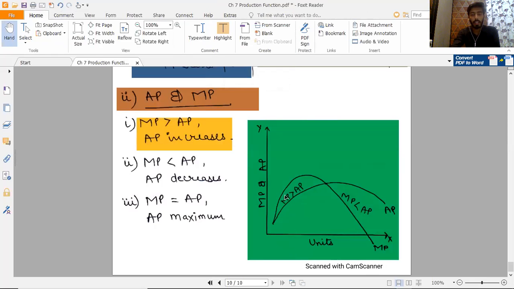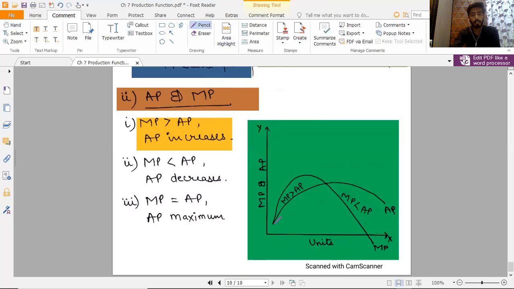Can you see here? This curve is MP, and the lower one is AP. तो जब MP AP से ज्यादा है, from this point to this point, when MP is greater than AP, AP is increasing. Can you see this? AP is increasing as long as MP is greater than AP.